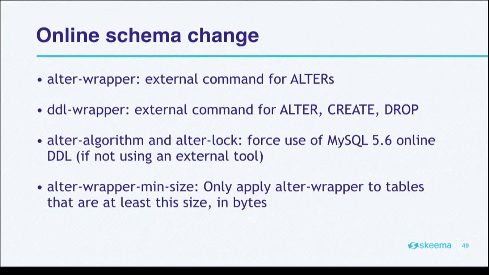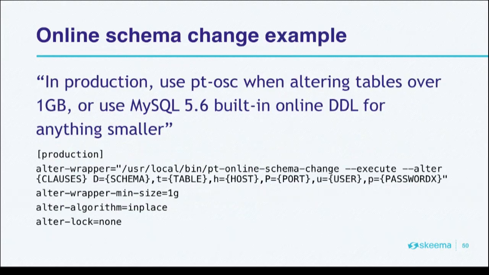So you could say alter wrapper min size and also apply alter algorithm and alter lock, which gives you a config. This was the same example I had a little while back, where for any table that's a gig or more, we want to use pt-osc. For anything smaller, we want to use built-in DDL. And also in terms of how sizes are specified, same as in MySQL server configs, it supports suffixes of M for megabyte and G for gig, K for kilobyte.